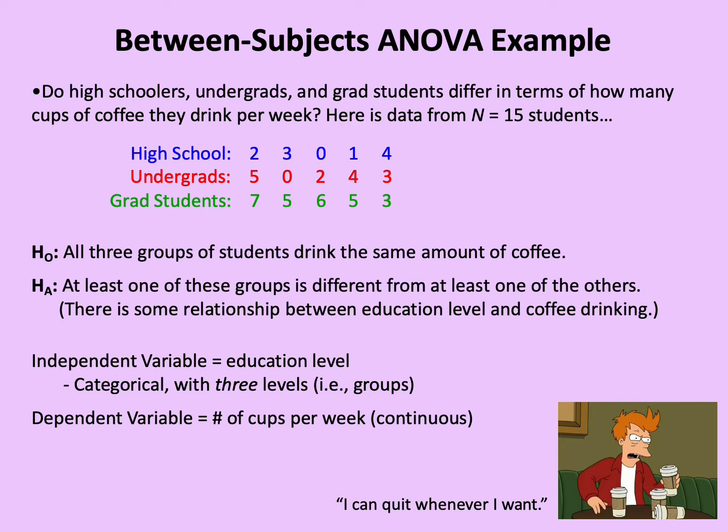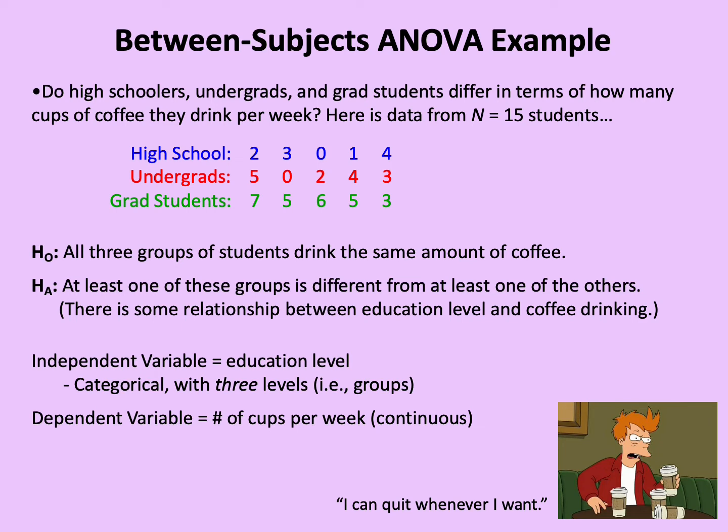So the null hypothesis is always essentially that the groups do not differ, or there is not a significant difference between the levels of the independent variable on our dependent variable. Okay? So stated very simply in words, the null hypothesis says all 3 groups of students drink the same amount of coffee, or the groups don't differ in terms of coffee consumption.